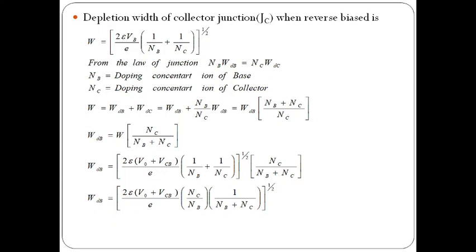WDB plus WDC is replaced, from the law of junction, with WDB plus NB by NC into WDB. By taking WDB as common, we can write WDB into (NB plus NC) by NC.